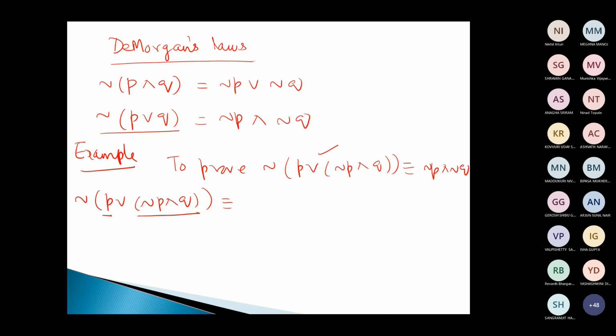You have to apply this law. Your P is P here and your Q is not P and Q. You have to apply not now. So it becomes not P and then not of not P and Q.